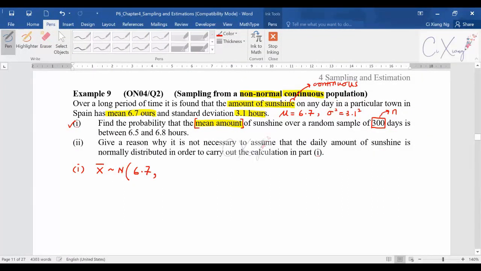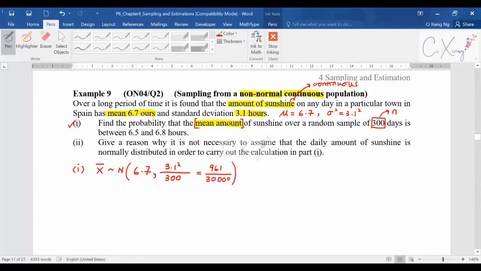For the variance of the sample mean, you take the population variance divided by the sample size, which is 300. If you expand it correctly, you should have 961 over 30,000.